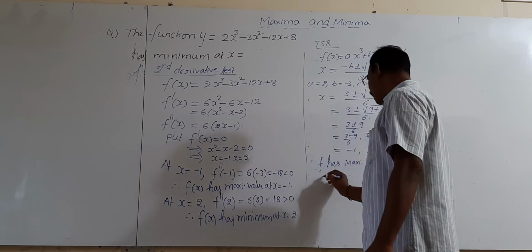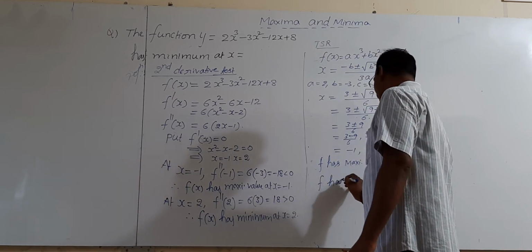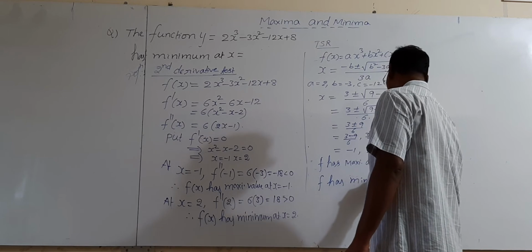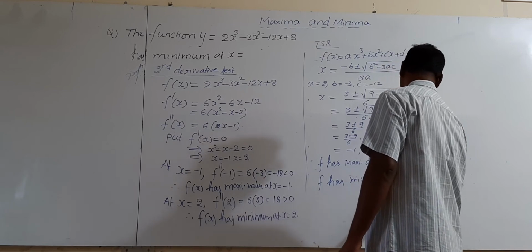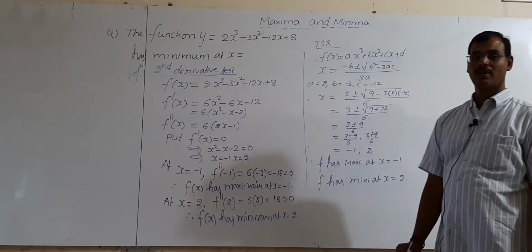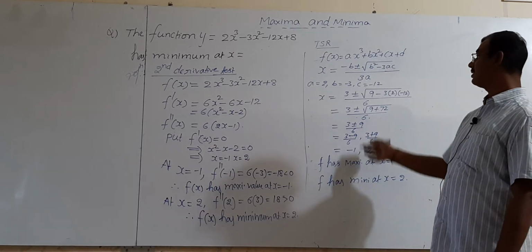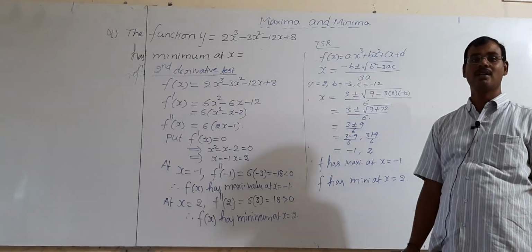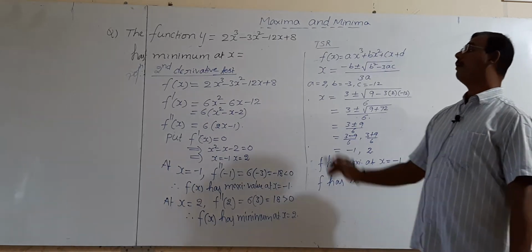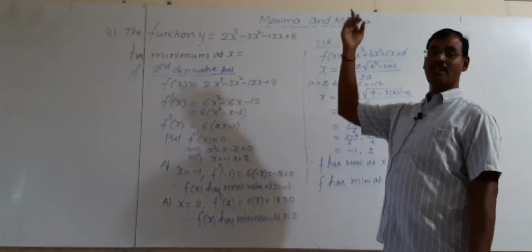At the higher value, f of x has a minimum at x is equal to 2. Okay, did you get the same answers? Yes, this is the procedure to find the maximum and minimum of a cubic equation.